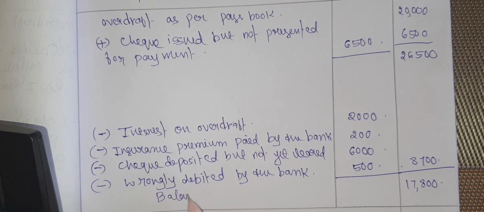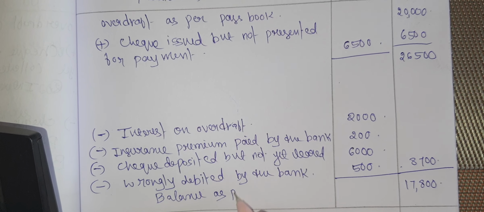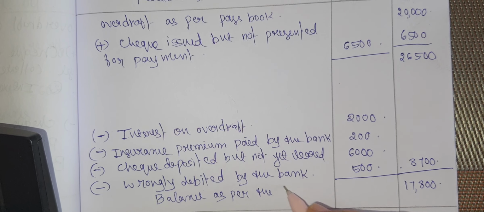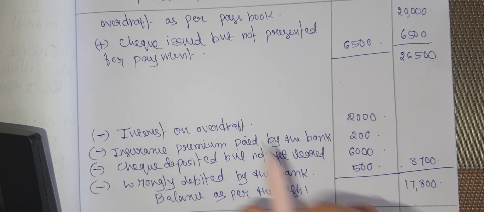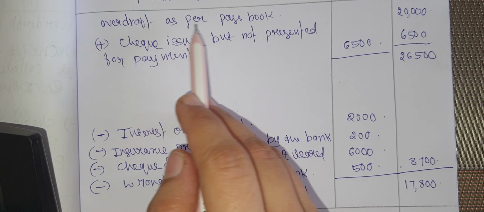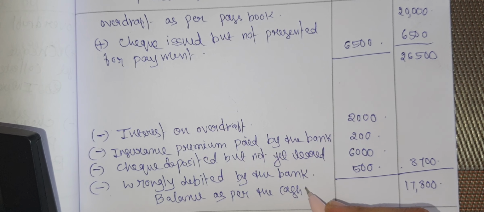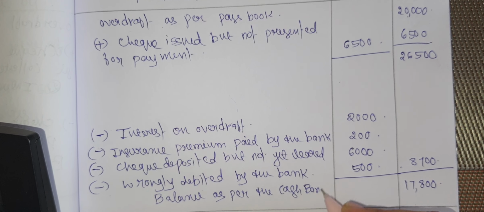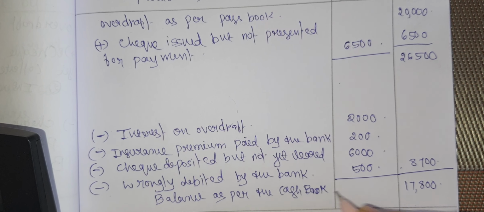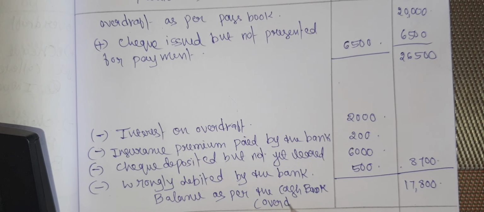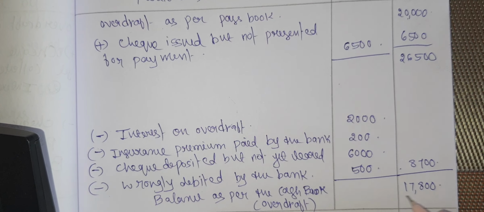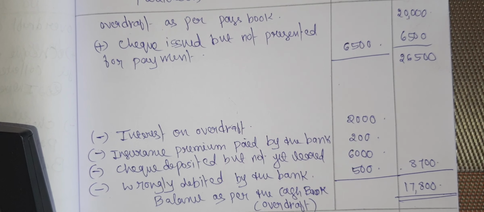This is the balance as per the cash book, because in the problem they mention overdraft as per the passbook, so we need to arrive at the balance as per the cash book, that is overdraft, 17,800. Here we have finished the problem.